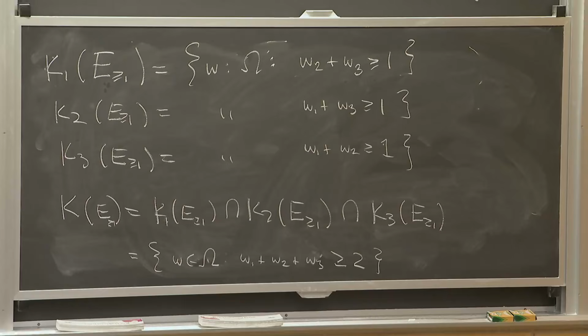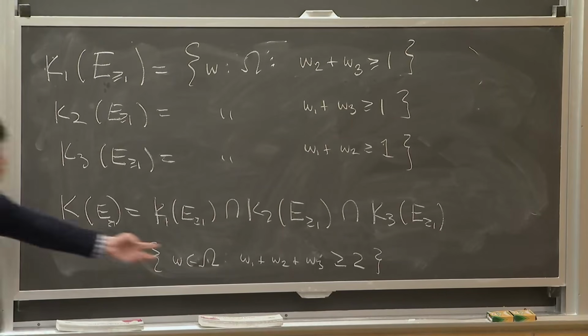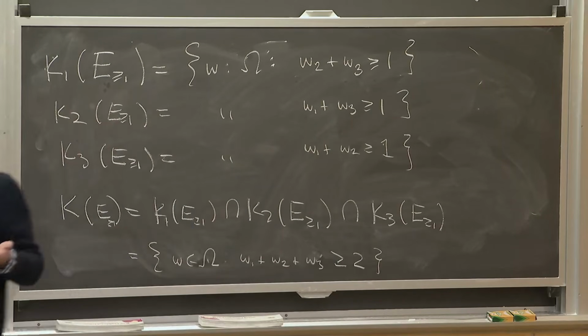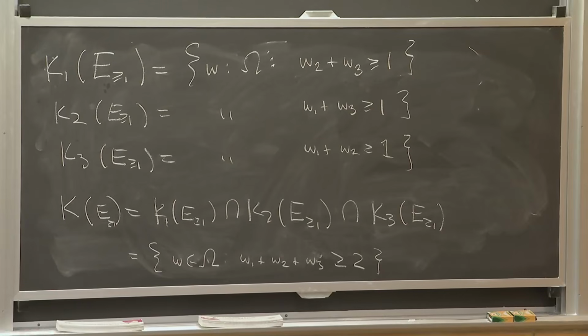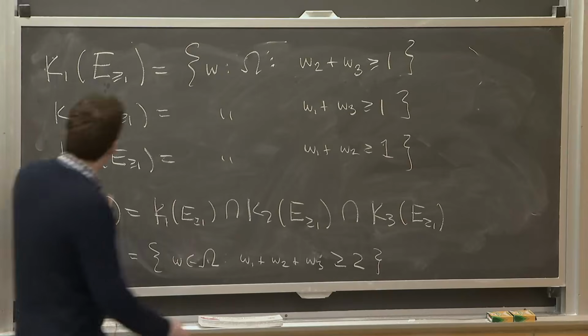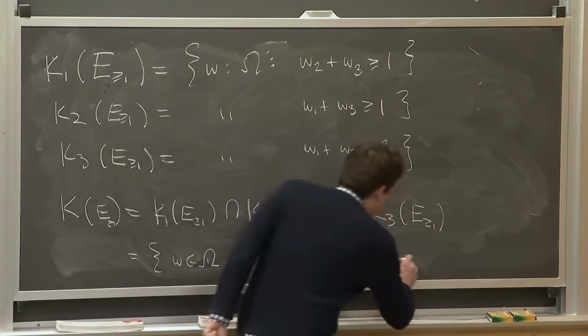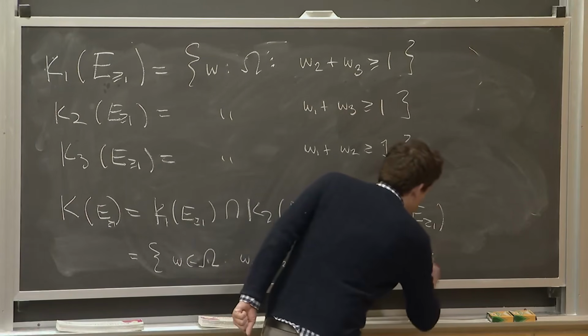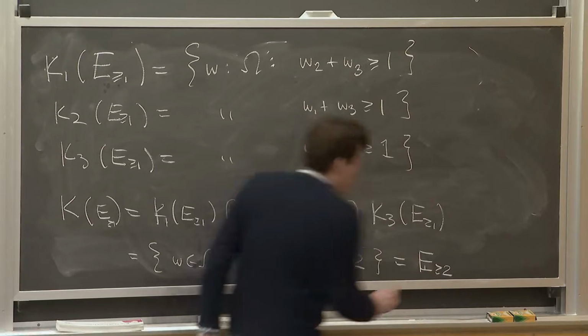I think it's kind of easier maybe to reason in words. If only one person's hat is red, then the person with the red hat sees 2 white hats. So they're not certain that at least one person's hat is red. But if at least 2 hats are red, then everyone must see at least 1 red hat, and therefore know that at least 1 hat is red. So formally, if we maintain this notation here, this is E greater than or equal to 2.